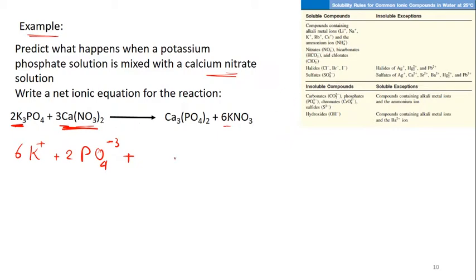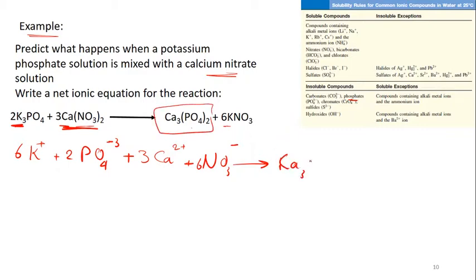There is no exception to that rule. So I will write calcium ions plus nitrate ions. I have here 6 nitrate ions to give me. If I look here, I could see that all phosphates are not soluble, so this one will remain as it is.